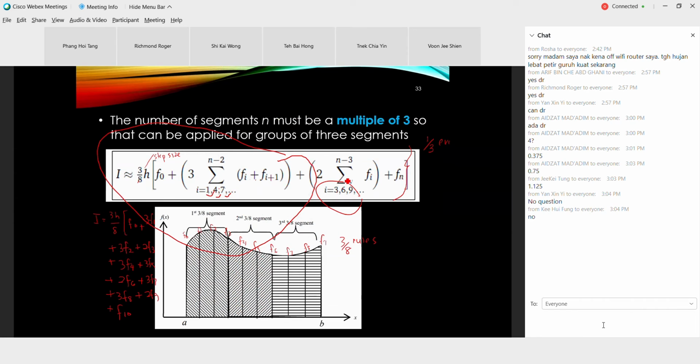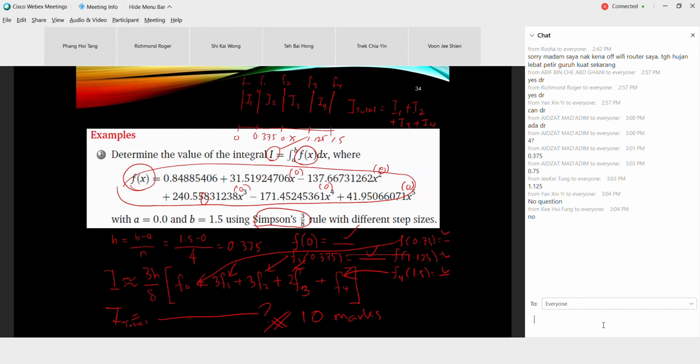If you already finished, then you may directly jump to f7. That's it. This is the rule for Simpson 3/8. So usually for Simpson 3/8, we use it for an odd number of segments.